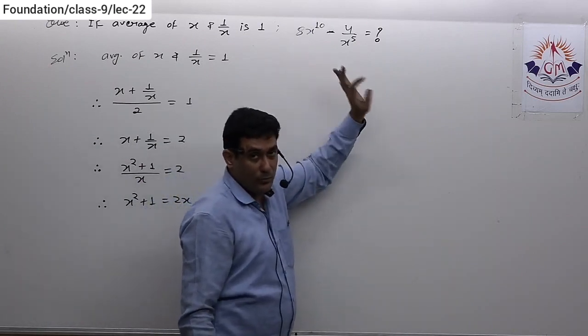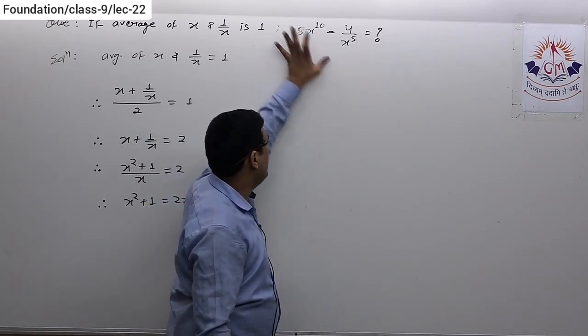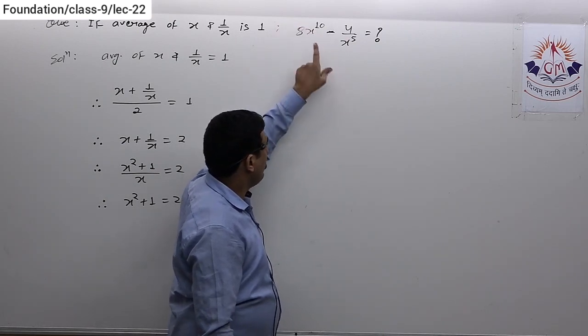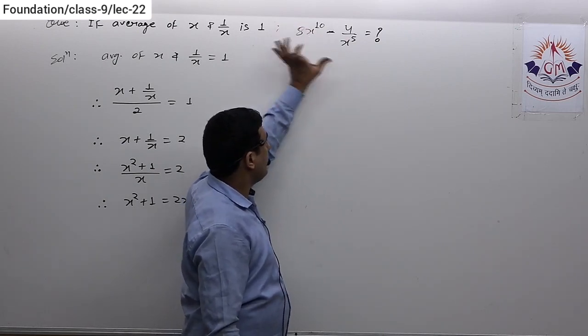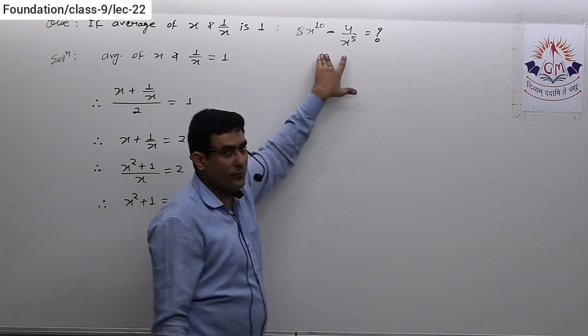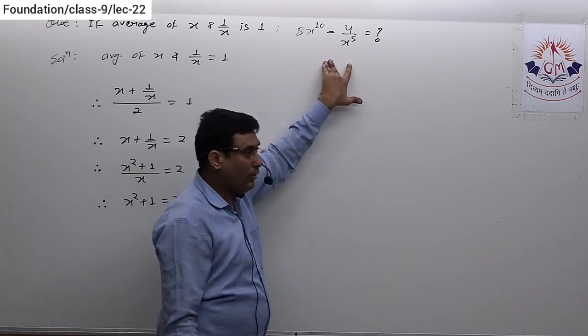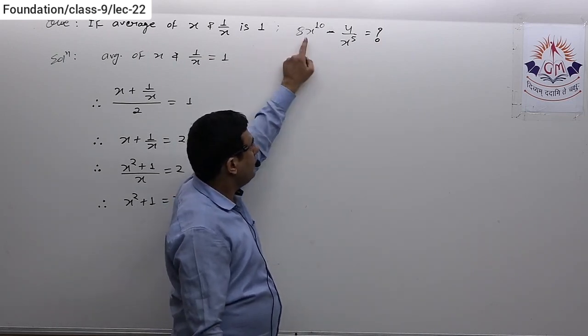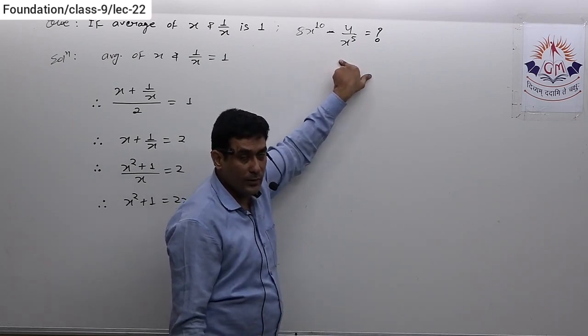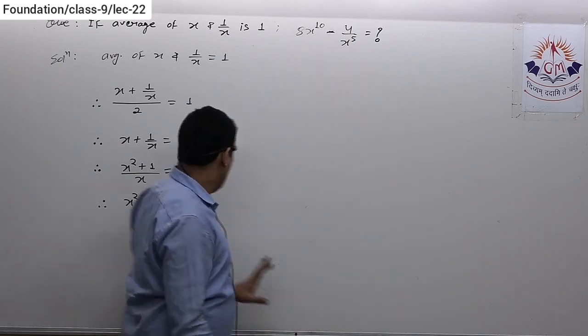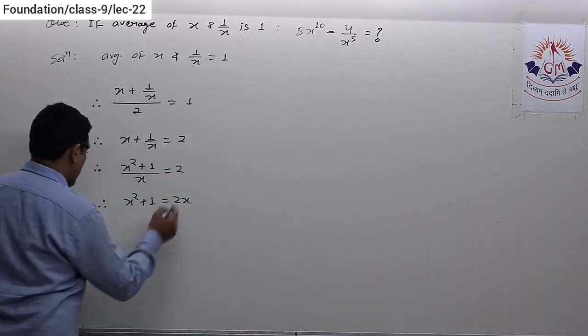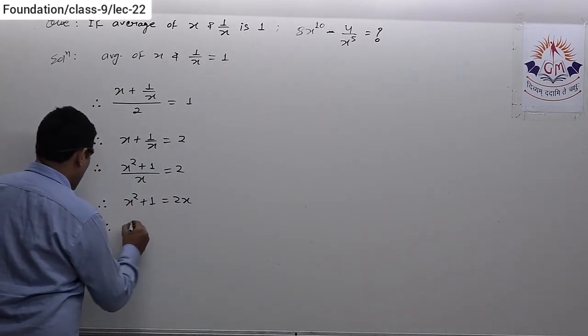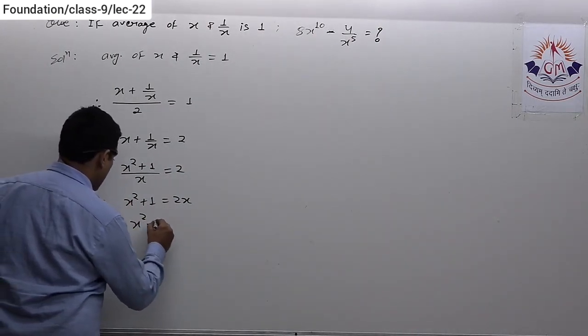One among those two definitely will be applicable: either I convert the given expression into the form of this expression, or I get the value of x and put it over here. Here this is a quadratic equation actually.